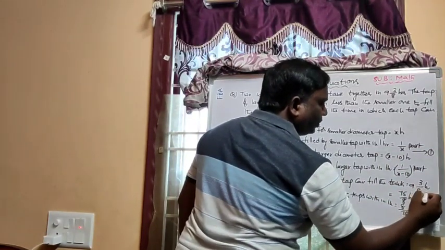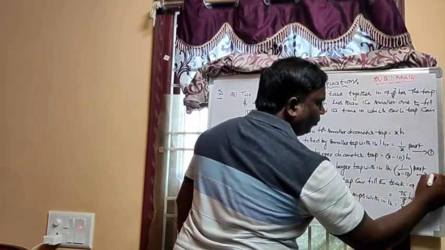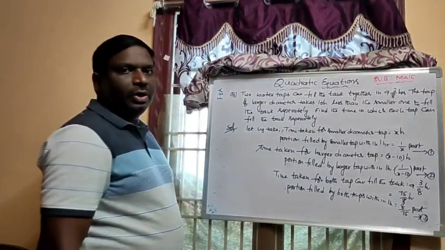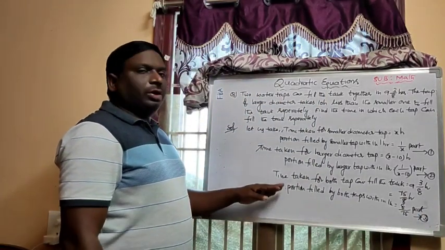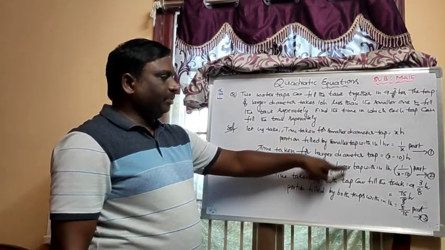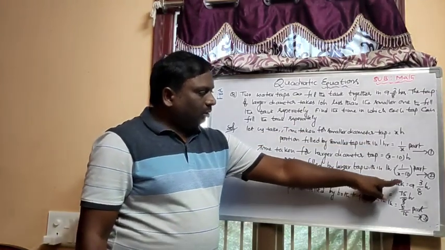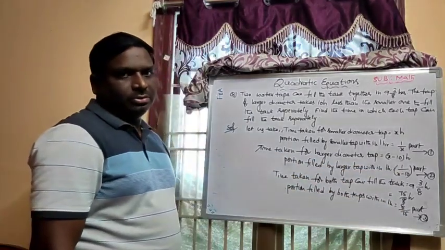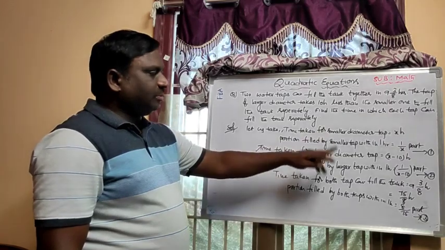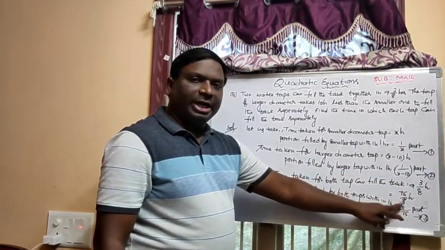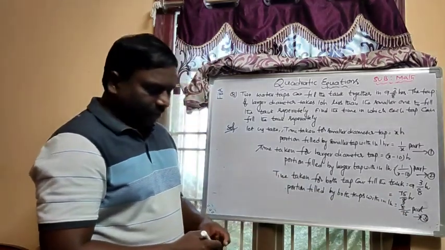So from these three equations, according to the question, the portion filled by both taps: 1/X part plus 1/(X minus 10) part equals 8/75 part.